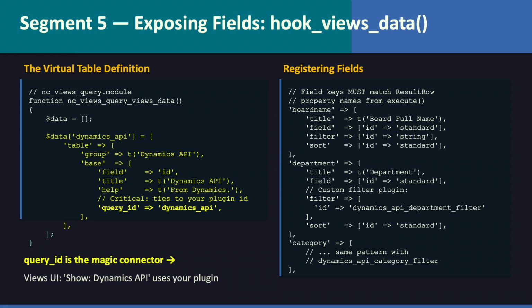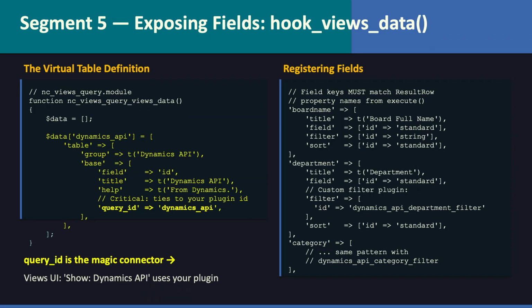So then the last really important thing that you have to wire up is a hook in the module file. In the .module file, you have to define a query views data hook. And again, this is where we're creating a virtual table. The query ID is the most important thing, wiring this up to the custom plugin.